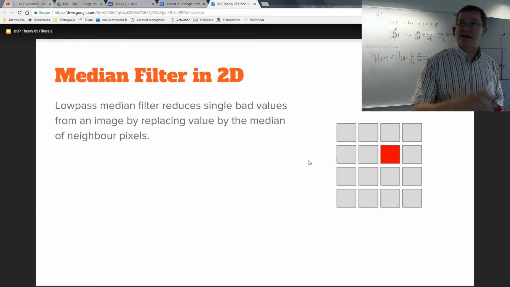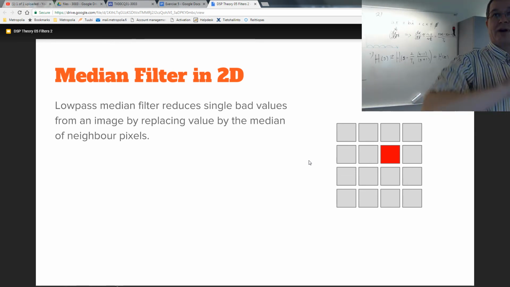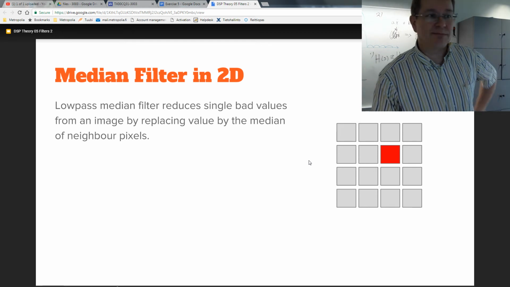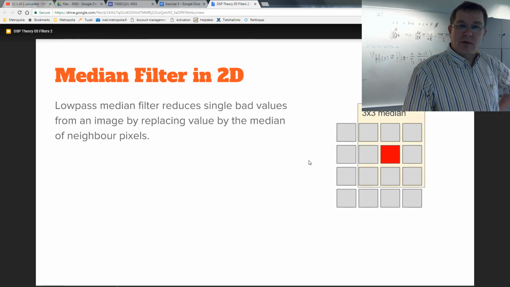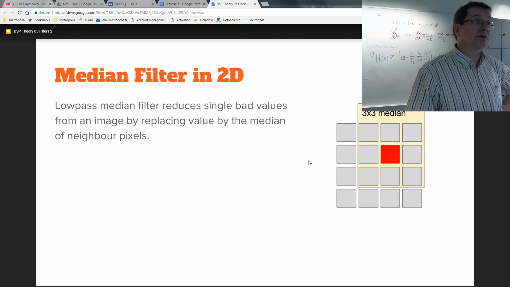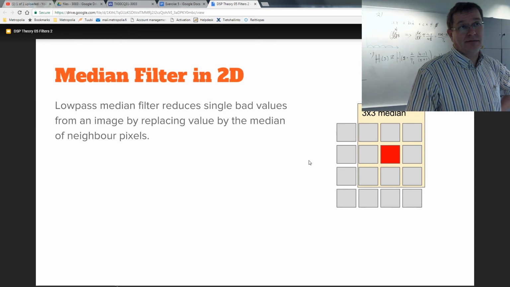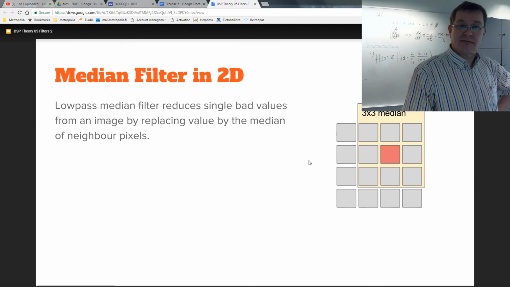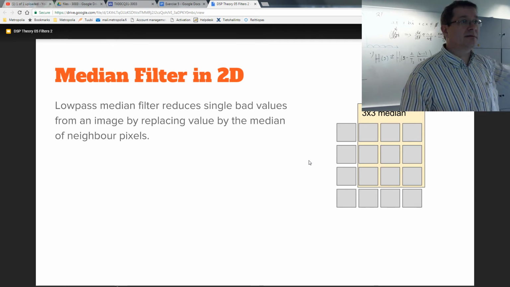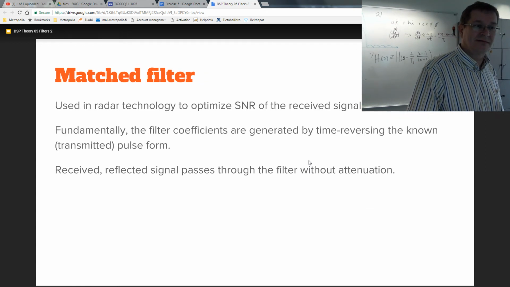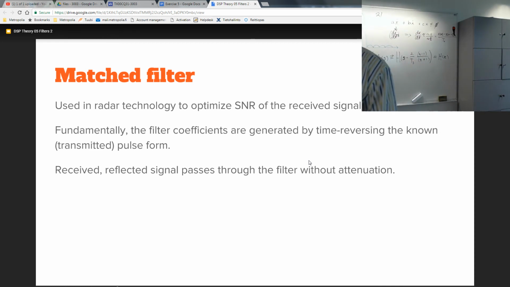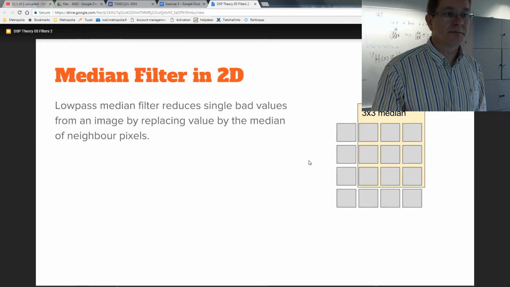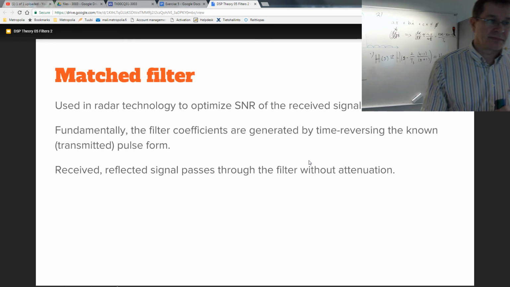So basically, the red dot there is that dead pixel, and we calculate the 3x3 median, which would be the gray cell here. So that's the most frequent value. Right, and replace it. Ta-da, gone forever. All right. So that was the median filter.